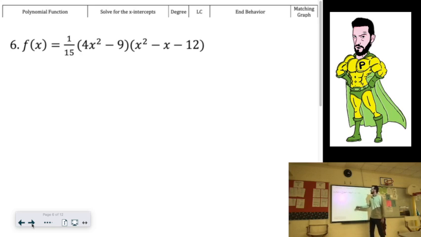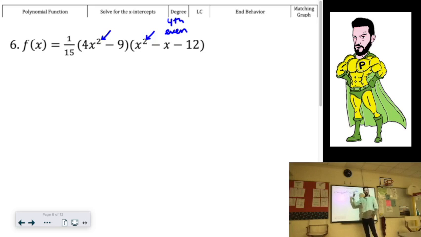But if you look, there's x to the second here and x to the second there. So there's 2 zeros over here, there's 2 zeros over here, which means there's going to be 4 zeros altogether. So this is going to be the 4th degree, which is even. Our lead coefficient, after we multiply all this stuff out, it's going to come out to positive 4x to the 4th. And then we'd multiply that by positive 1/15.